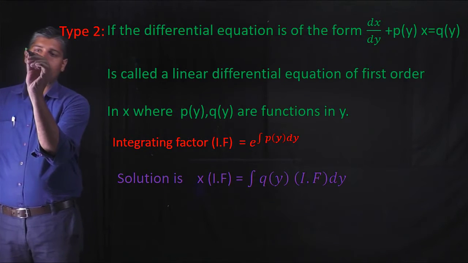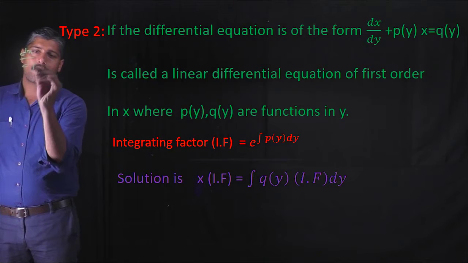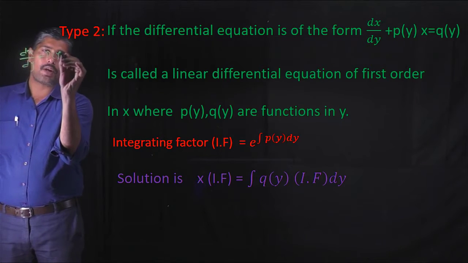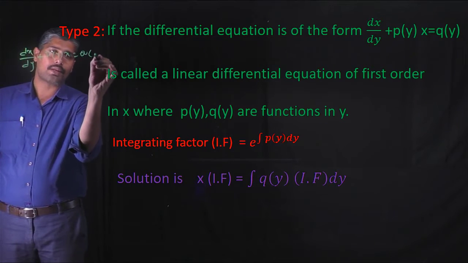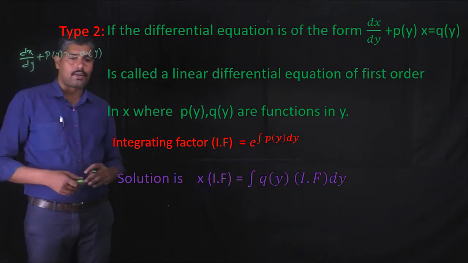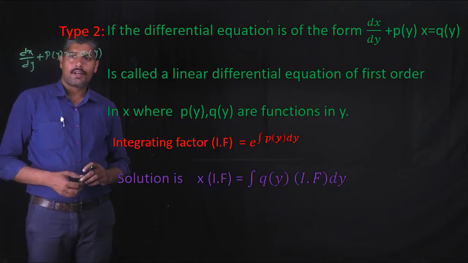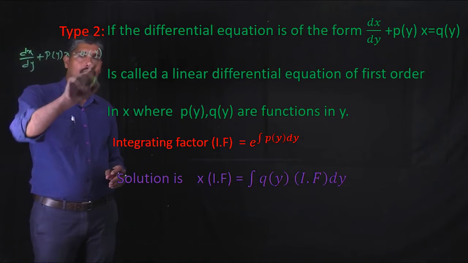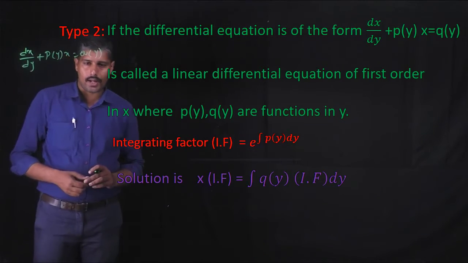Here dx by dy plus p of y into x equal to q of y.